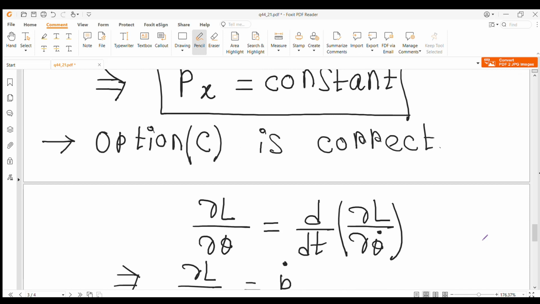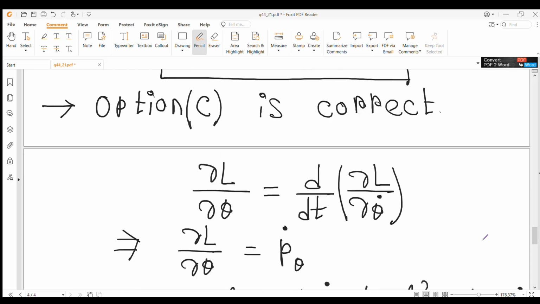Now let's also calculate the equation of motion corresponding to the coordinate theta, which is given by del L del theta equal to d/dt of del L del theta dot. Here del L del theta dot is equal to p theta. So the equation of motion turns out to be p theta dot equal to del L del theta.